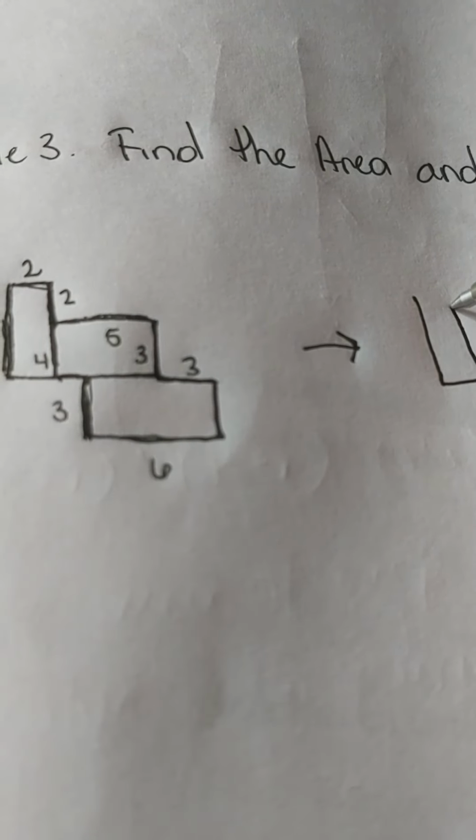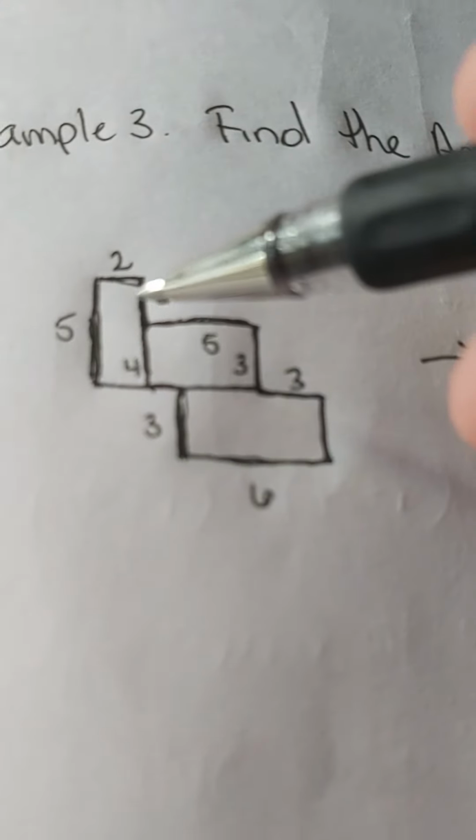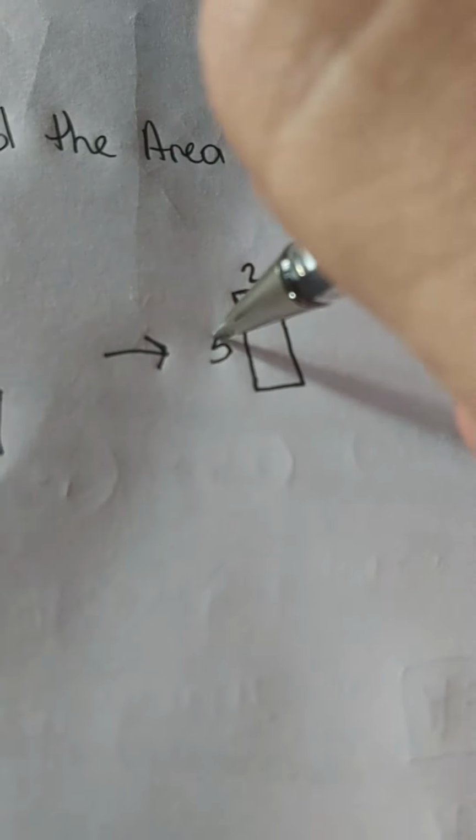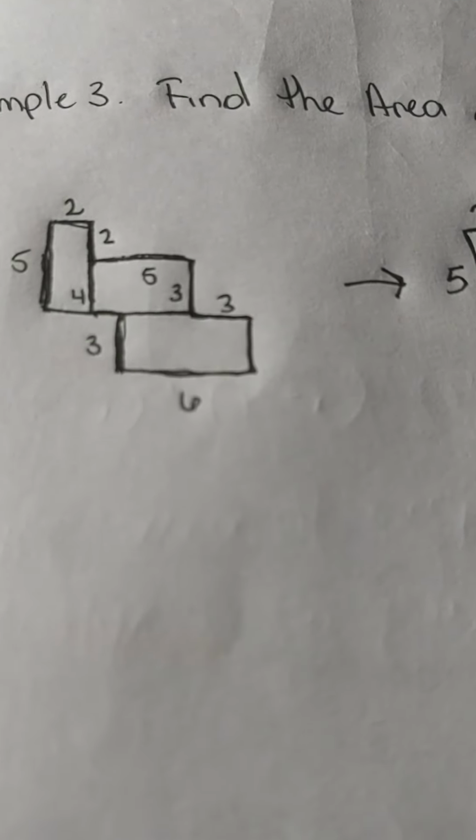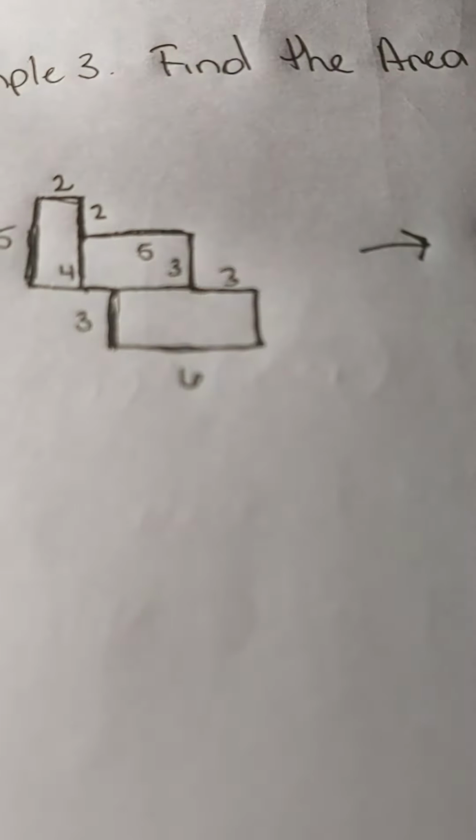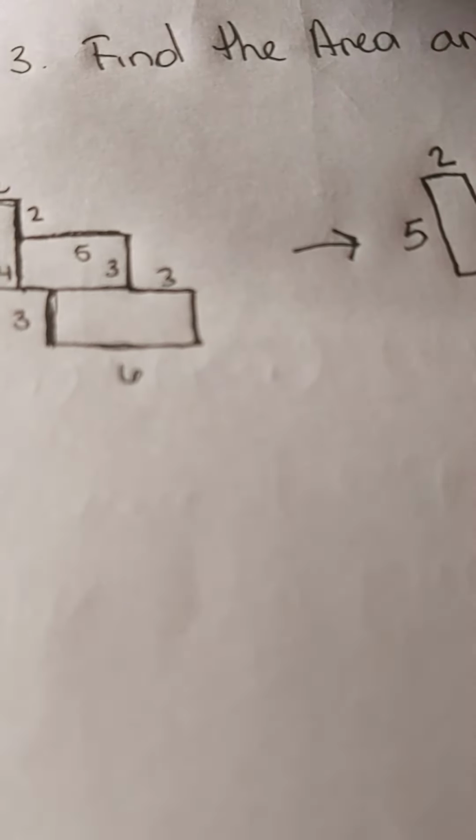Our first figure, this one, we know that this measures 2 and this is equal to 5. Okay, now look at our second figure, this one. We have another rectangle.